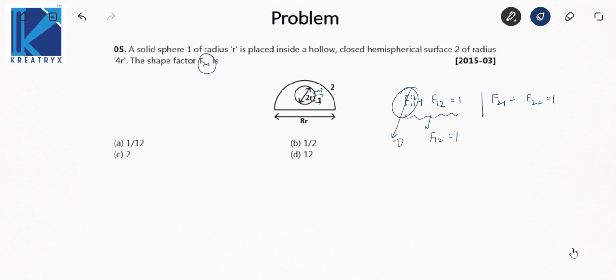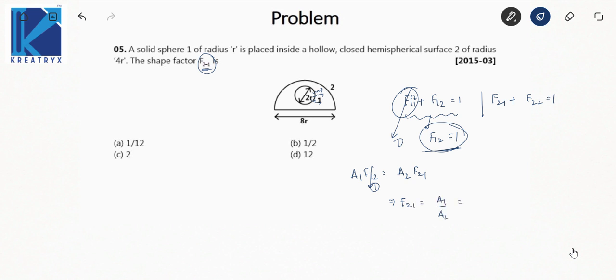Okay, so F12 will be 1 and we have to find out F21. So A1 F12 is equal to A2 F21. F12 is 1, that implies F21 is equal to A1 by A2.